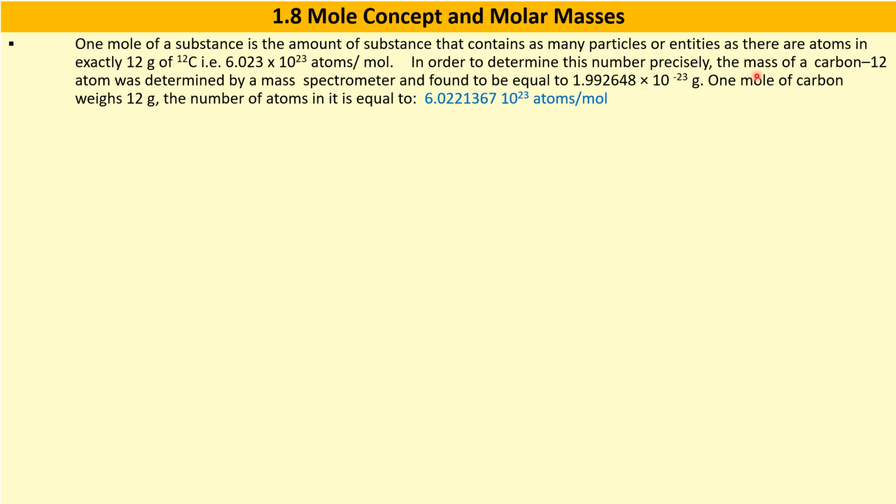That is, first we determine the mass of a carbon-12 atom using a mass spectrometer, and that value is equal to 1.992648 × 10^-23 grams. Therefore, 1 mole of carbon weighs 12 grams.